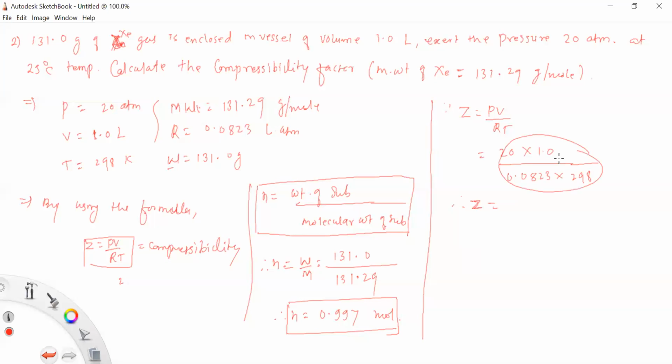When you solve this, we find the value comes to 0.817. So this is your compressibility factor.